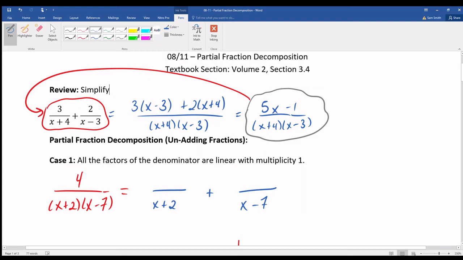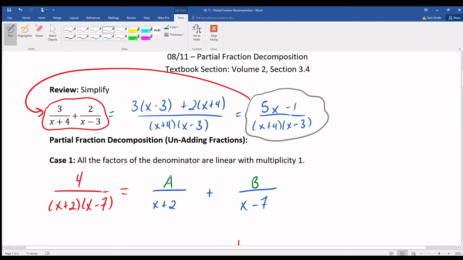Because if I did add these 2 fractions back together, then that x plus 2 and x minus 7 would be multiplied together to give me that least common denominator. And maybe, as in my previous example, it's reasonable to expect that there will be some numbers in the numerator here. As before, there was 3 and 2, so let me just say that there is a and b in the numerators of these fractions.